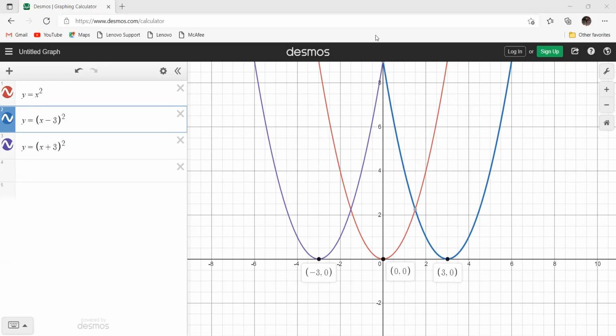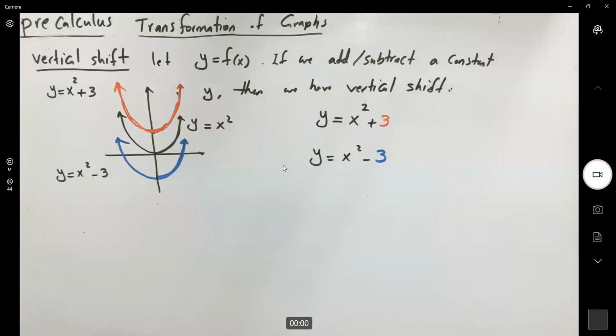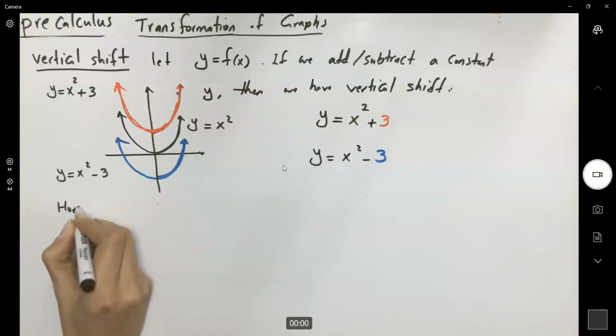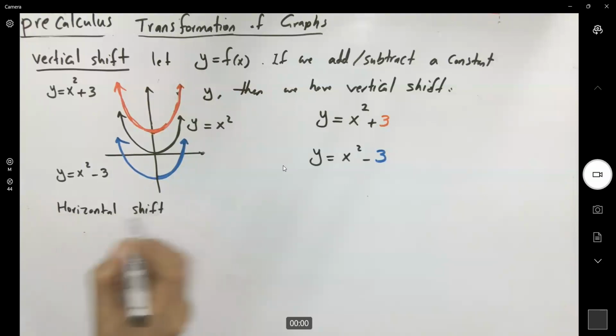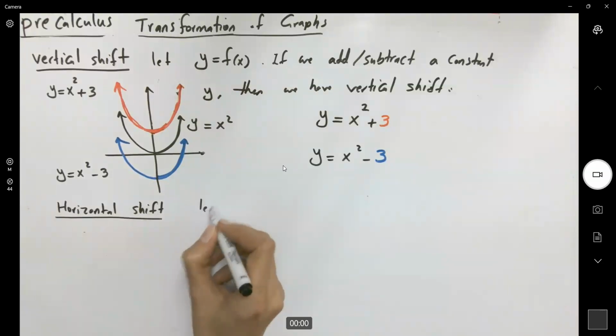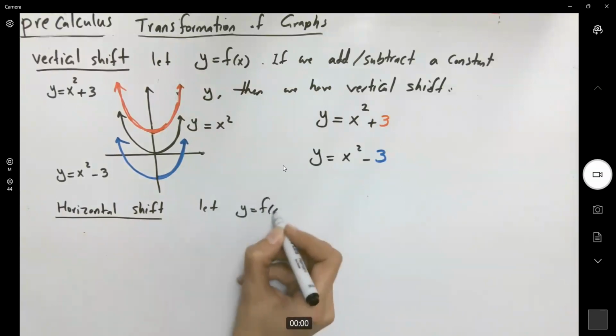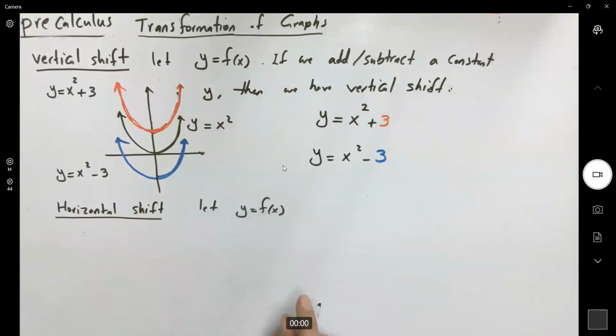Let's take a look at our board. So horizontal shift. Very good. Let y be f of x. This is the function that you have.